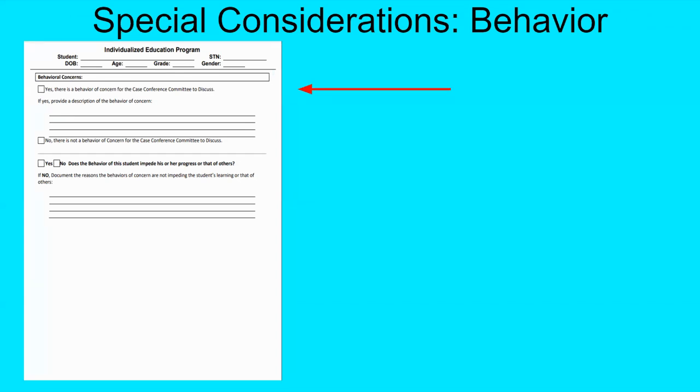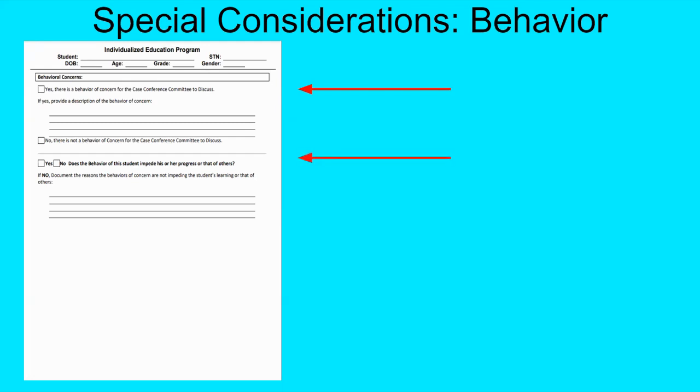However, if the child does have a behavior of concern, then we would describe what the behavior is. Just because they have a behavior of concern doesn't necessarily mean that they need a behavior plan. However, the majority of the time, if there is a behavior of concern, then we need to fill out some sort of behavior plan to curb that behavior so that it doesn't impede their learning.